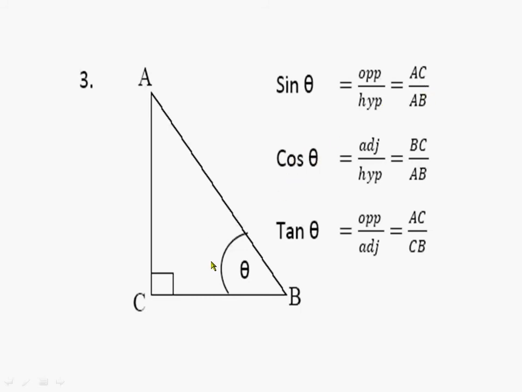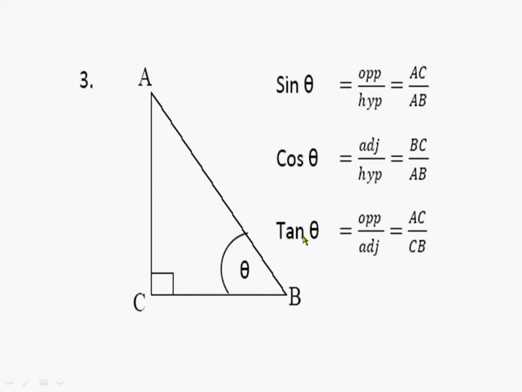Cosine theta will be adjacent, which is this side here, CB or BC, same thing, over hypotenuse. Hypotenuse is always opposite to the right angle, which will be AB. So cosine theta is BC over AB.